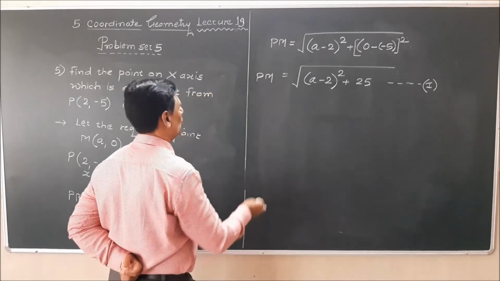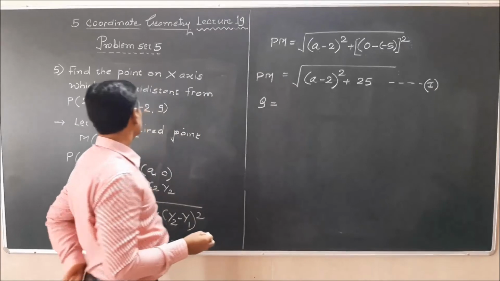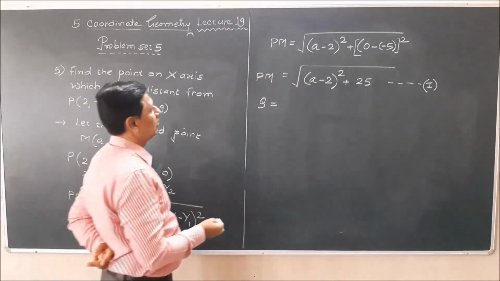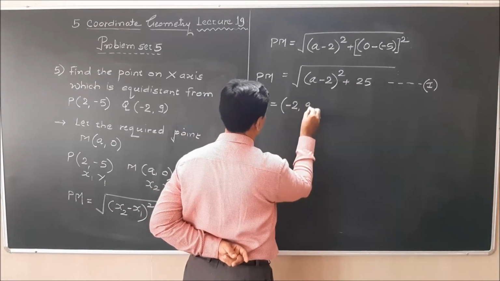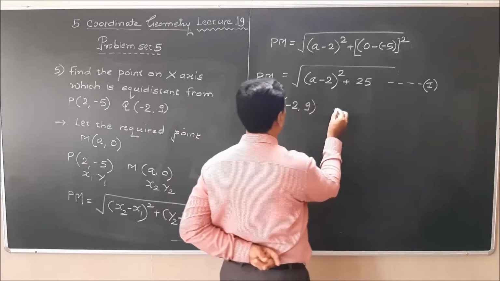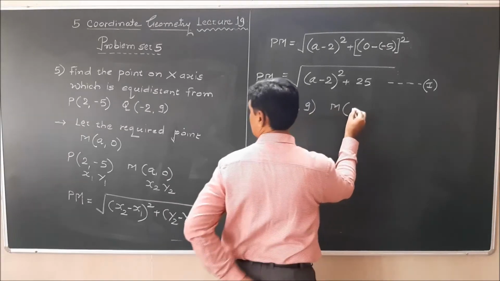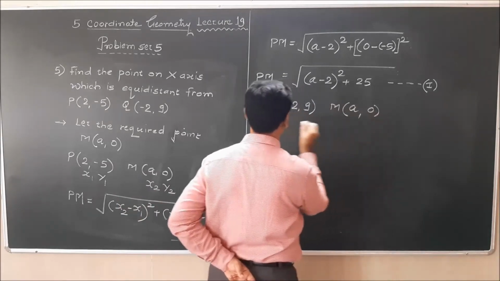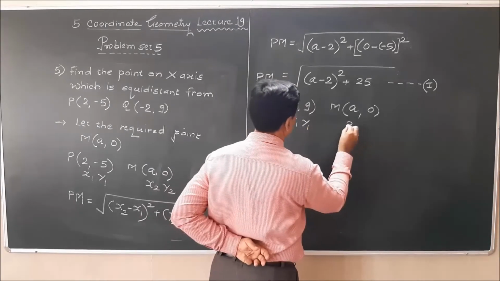Now QM is equal to, coordinates of Q are minus 2 comma 9, while the coordinates of M we have taken as a comma 0. Same way, x1 y1, x2 y2.